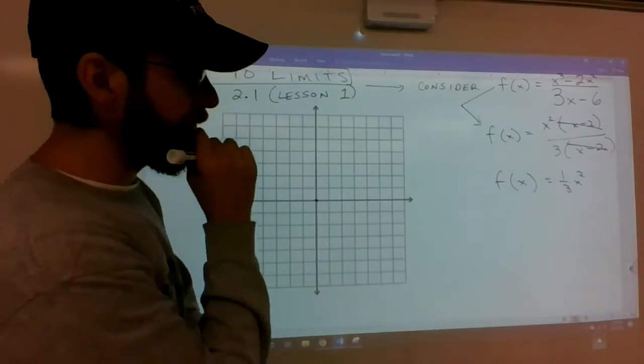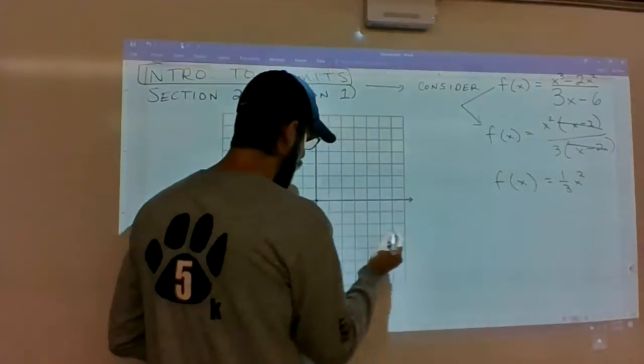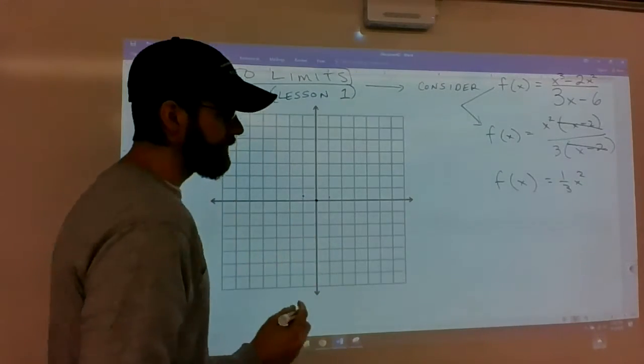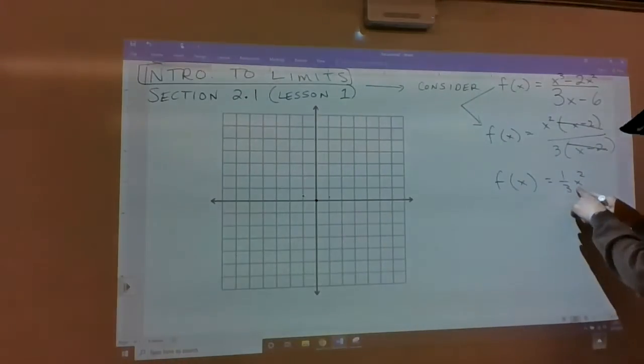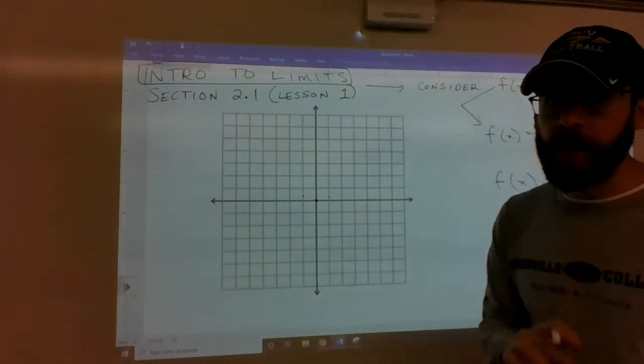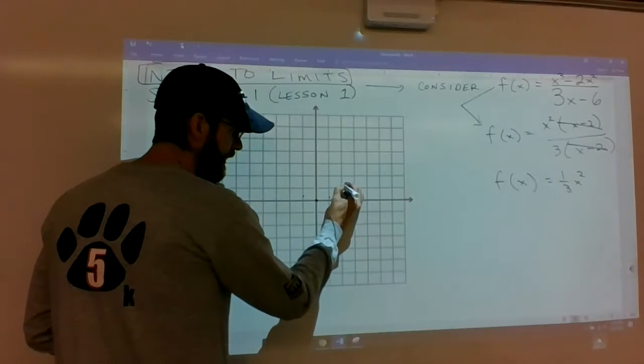So to graph 1/3 x squared, you start at 0, 0. If you plug in 1, it's 1/3. If you were to plug in 2, it'd be 2 squared, which is 4. 4 times 1/3 is 1.3 repeating, which is right here.